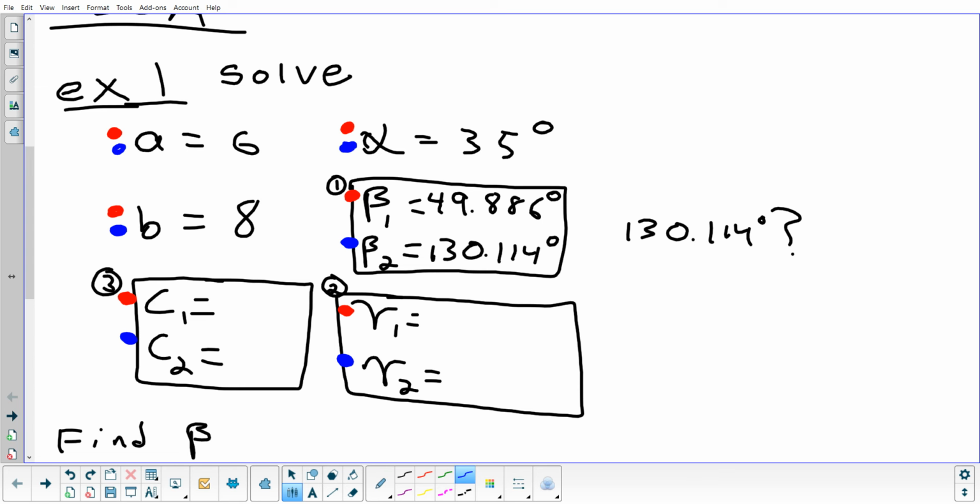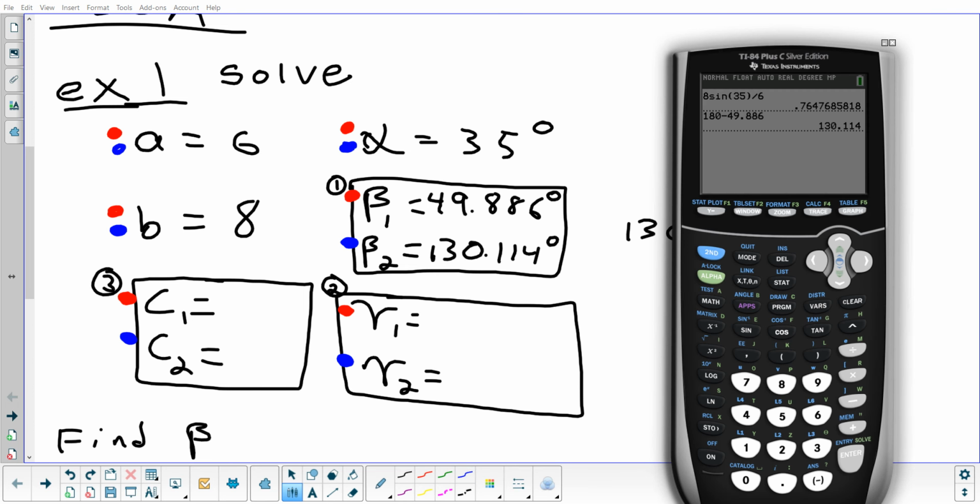All right, let's look at gamma 1. What angles would I add together and then subtract from 180 to get gamma 1? Yep, 35 plus beta 1, and then you would take that and subtract it from 180.